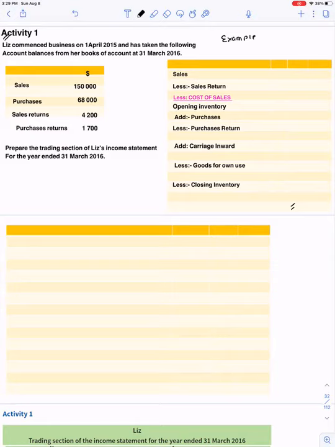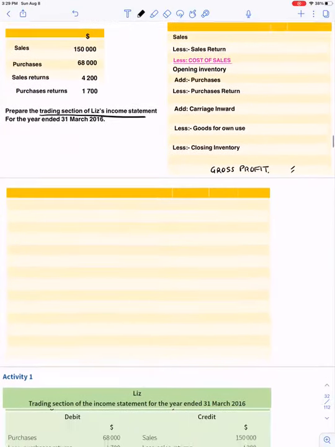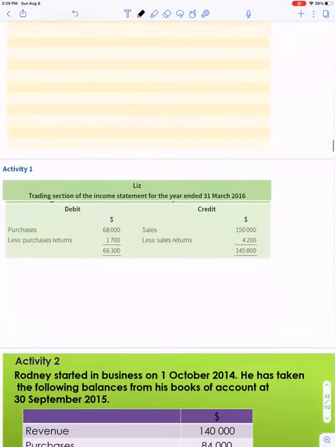Remember, you're asked to prepare the trading section, and the trading section is always going to give you the gross profit. You can do a second example. The answer for this example is over here.